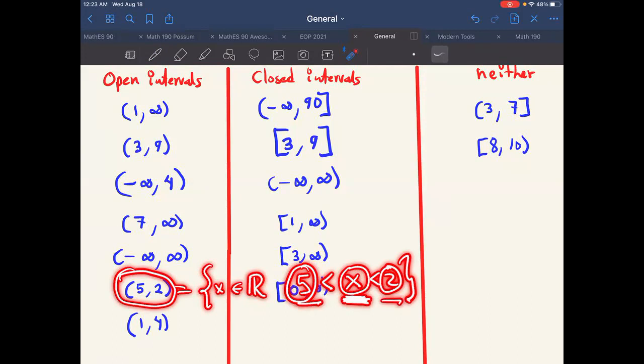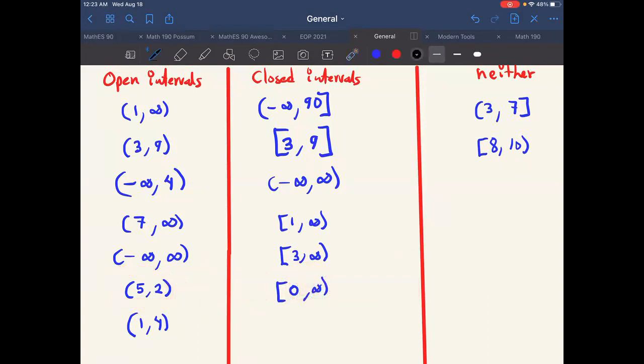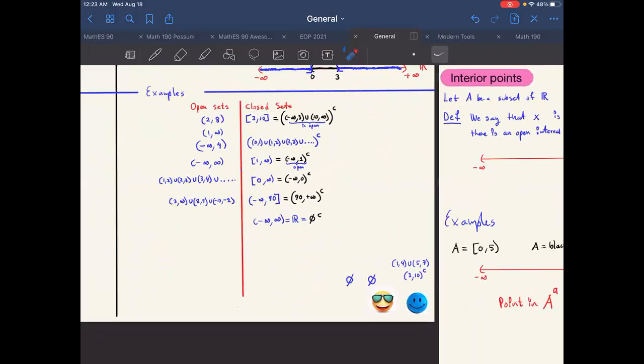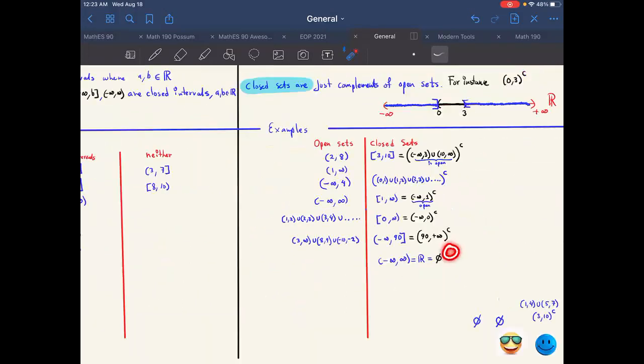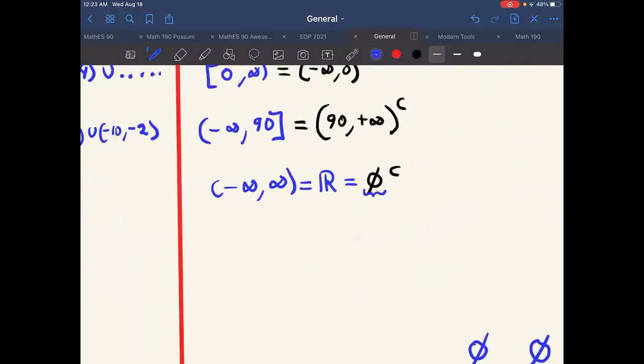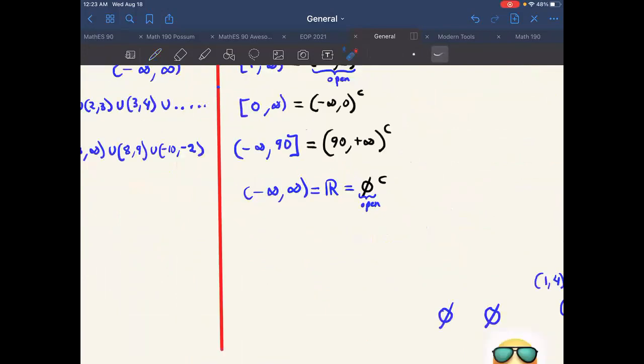No way. There are no elements in this set. That's why this set is the empty set. Therefore, the empty set is an open interval. So being this the complement of an open set, that makes this set closed.